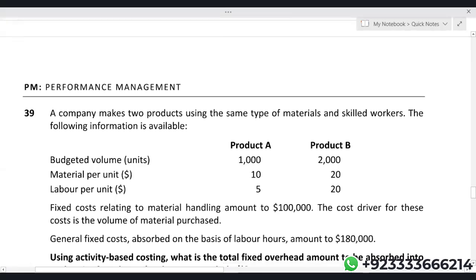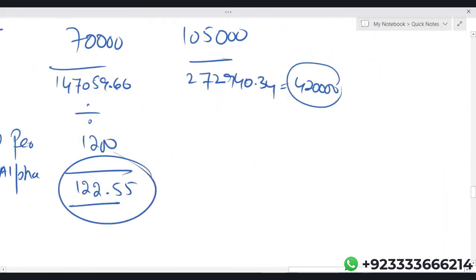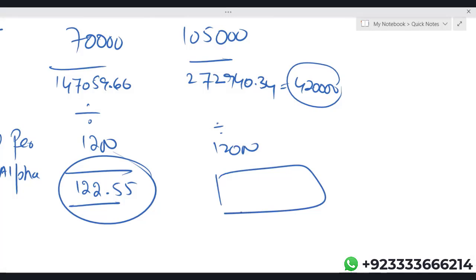They have not asked for the beta, but still, if you want for your understanding, just divide this with 12,000. It will give you the answer. What is the overhead cost under ABC which belongs to beta? 2,72,940.34 divided by 12,000.